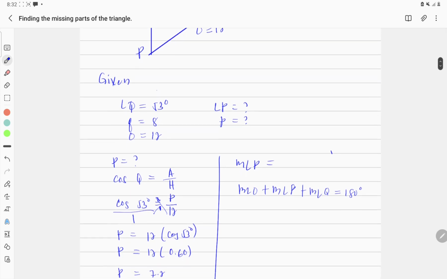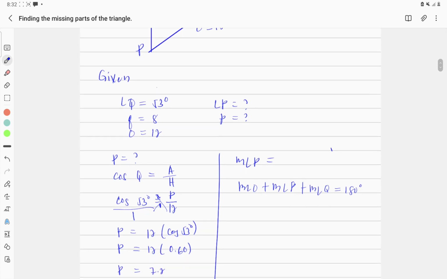We will plug in the values of the angles that are known. The measure of angle O is 90 degrees. This is the 90 degrees angle. That plus the measure of angle P plus the measure of angle Q, which is 53 degrees, is equal to 180 degrees. Combining 90 and 53, that becomes the measure of angle P plus 143 degrees is equal to 180 degrees.